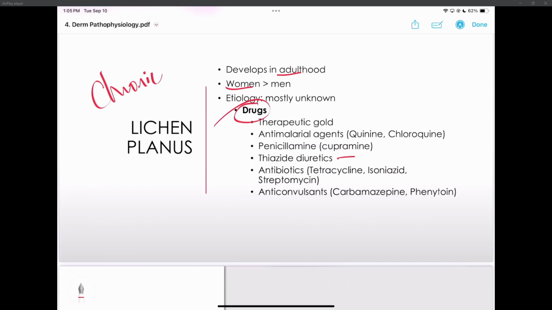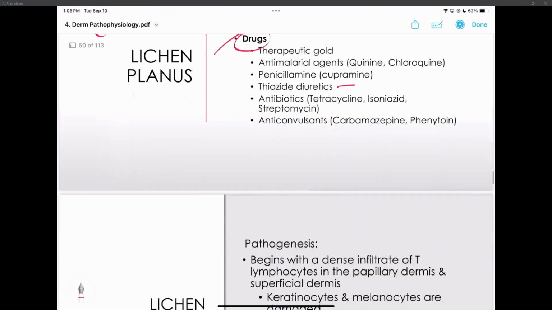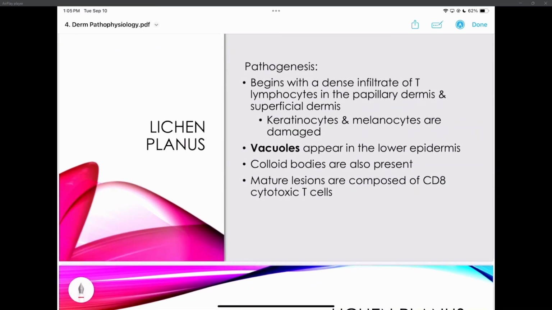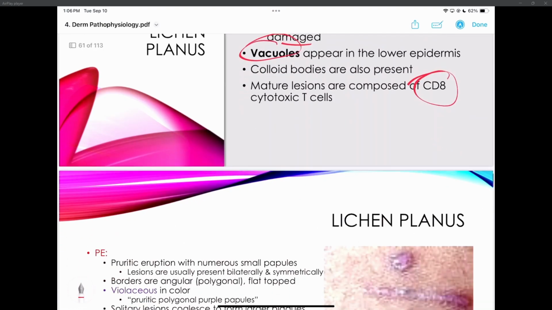So a lot of drugs have this reaction. Lichen planus begins with a dense infiltrate of T lymphocytes in the superficial dermis. It damages them. We get these vacuoles that appear in the lower epidermis. You may get some colloid bodies there as well. And they're going to have CD8 cells, not CD4. Which cells have CD8s on them? Yep, killer T cells.